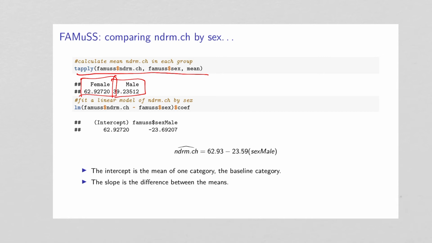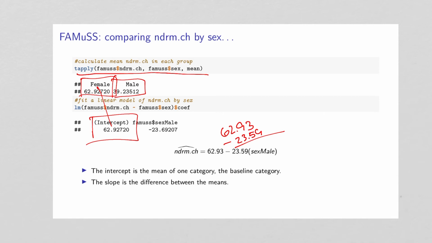The intercept here is just like that. And if it's male, then it's 62.93 minus 23.59, which is, could it be 39.23?